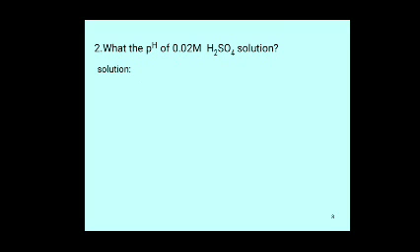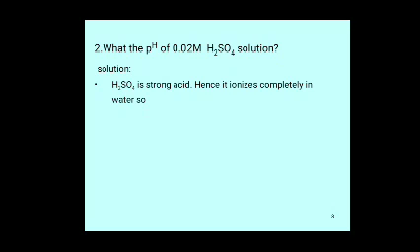basicity of the acid. Here H2SO4 is a strong acid, hence it is completely ionized in water and produces a large number of H plus ions. This acid produces H plus ion concentration in molarity, which is then converted into normality. Normality is equal to molarity into basicity of H2SO4.